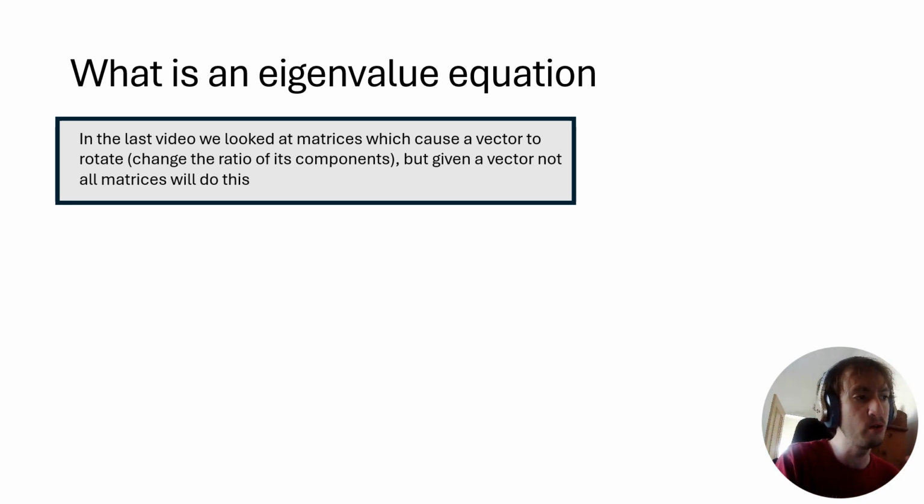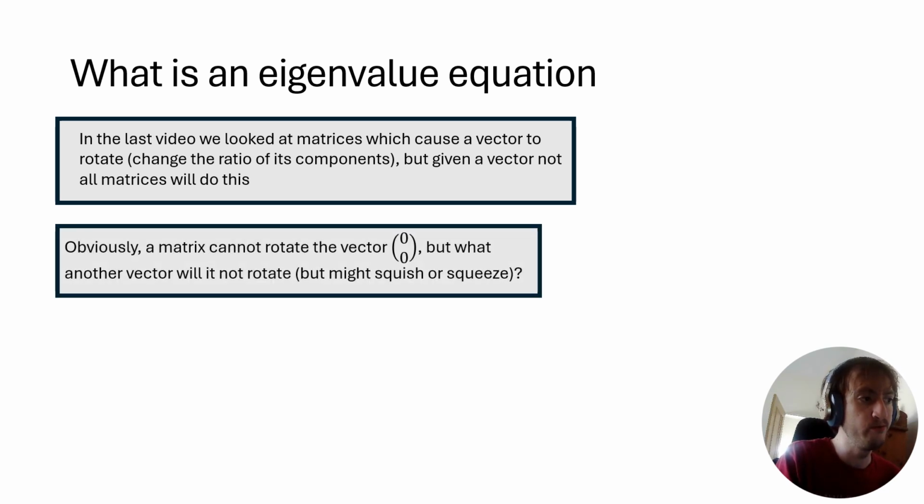But not all vectors will do this under a given matrix. An example of a vector which is unaffected by rotation is essentially the zero vector, a vector where all its components are zero.